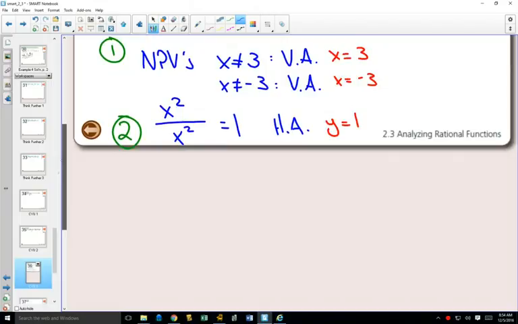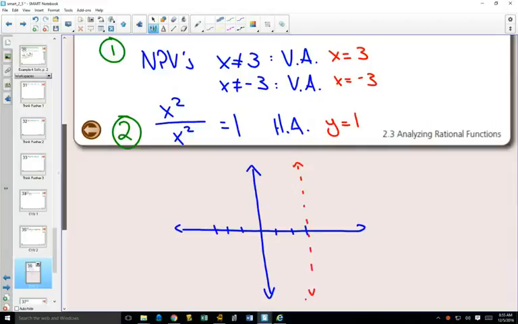Now we can start graphing things. At x equals 3. At x equals -3. And at y equals 1.